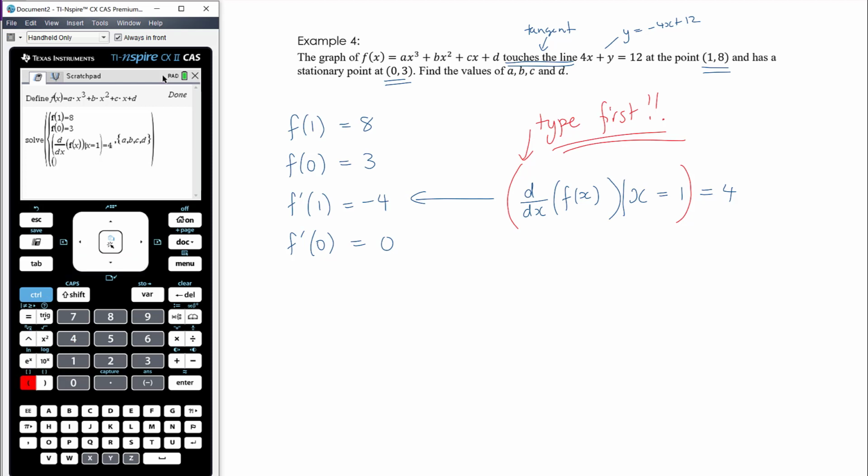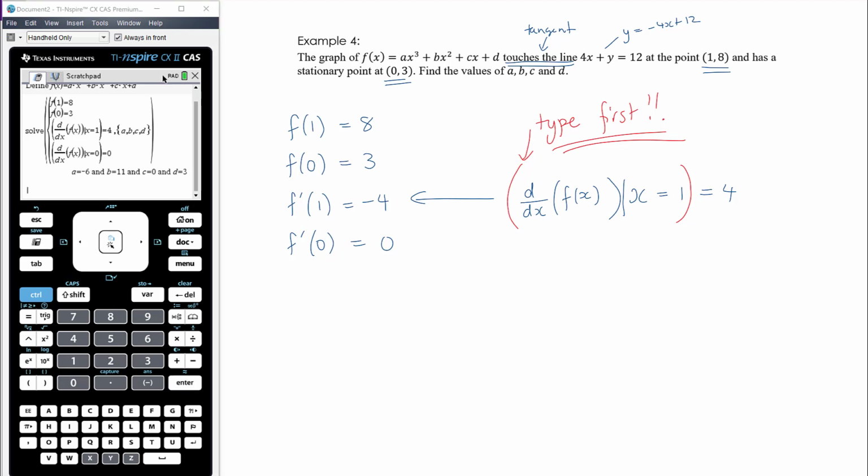Bracket first, derivative with respect to x of f of x outside of the derivative function. Given that x equals 0, substitute x equals 0 into that derivative, and then all of that has to be equal to 0.